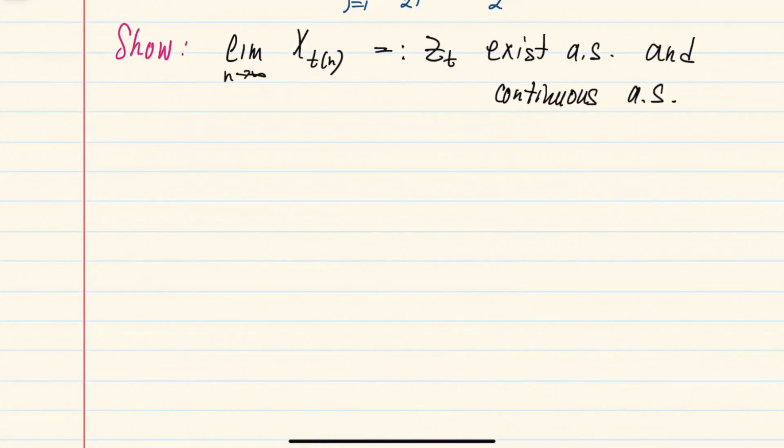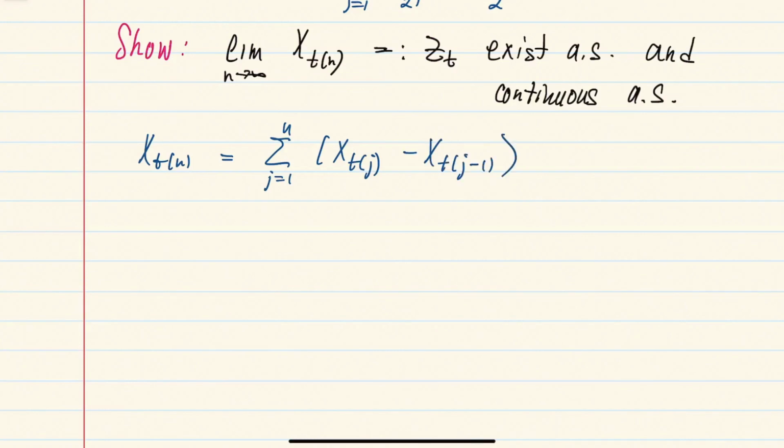Okay, so the way we'll do this is to write this dyadic approximation as a sum of links between different levels of dyadic approximation. So a sum over j from 1 to n of these increments, X at t_j minus X at t_{j-1}, where we use that X at t_0 is just X_0, which is 0.